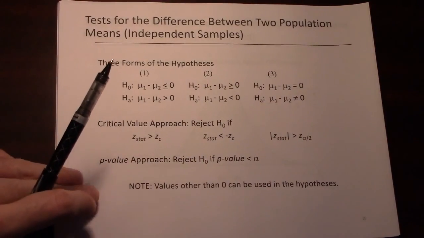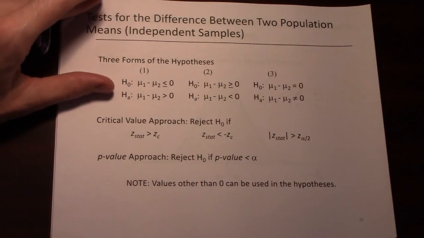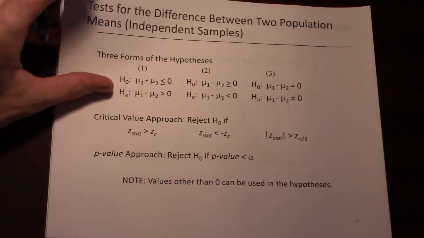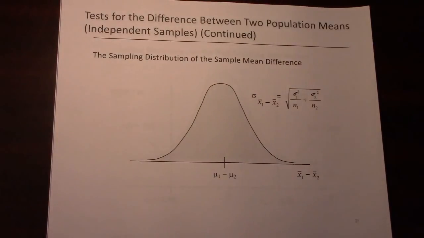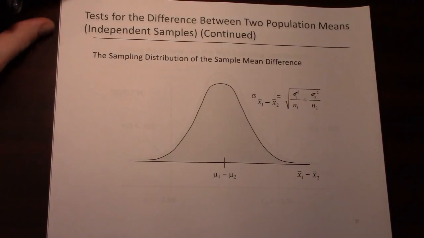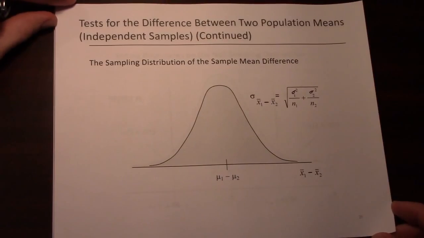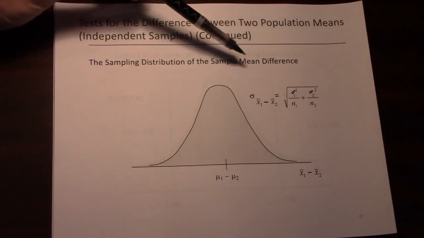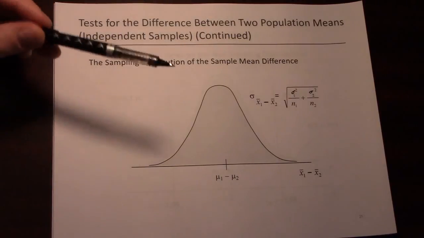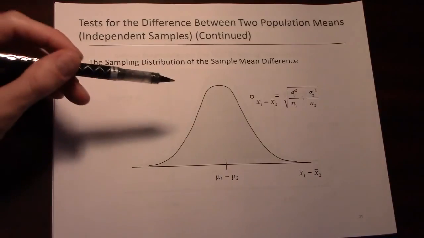Okay, now what is going to change is just the way we calculate our z-stat, because we have a slightly different standard deviation metric. So let's move on to that. All right, so if we're calculating mean differences, the key tool is going to be our sampling distribution of the sample mean difference. We take the difference between average income in town 1 and average income in town 2.